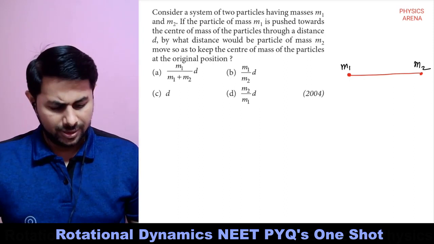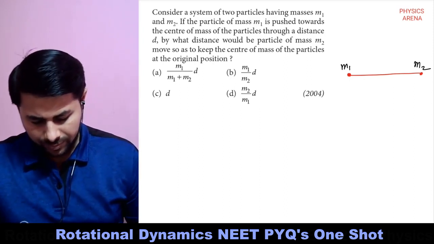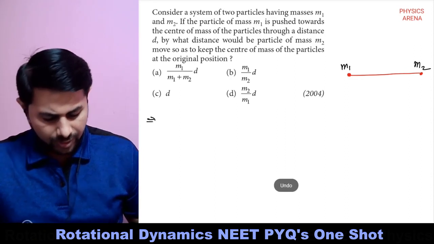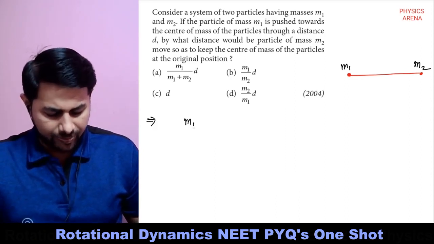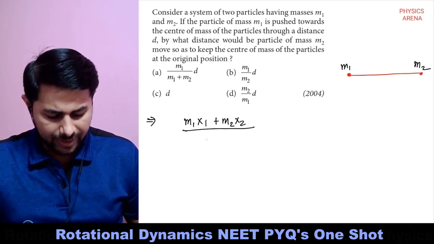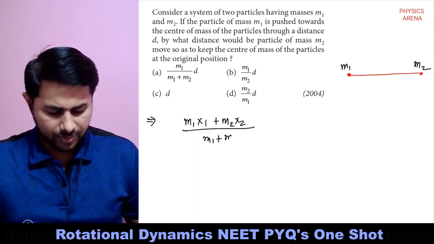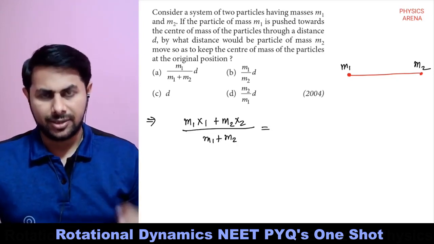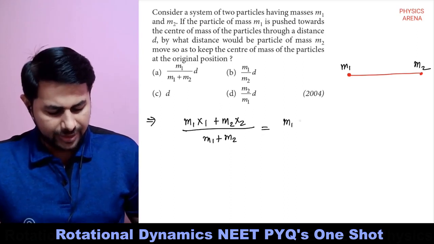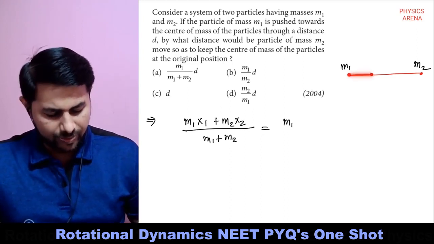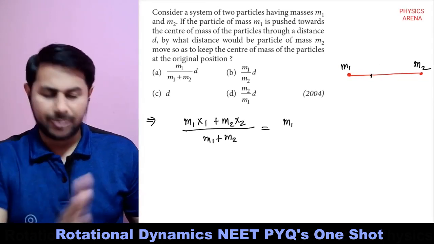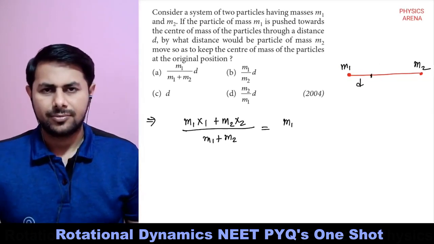Okay. So you can say that its center of mass is (m1 x1 + m2 x2) divided by (m1 + m2), right? And it is equal to, so first one is moved by distance d, so now the position of first one will be x1 plus d, right?